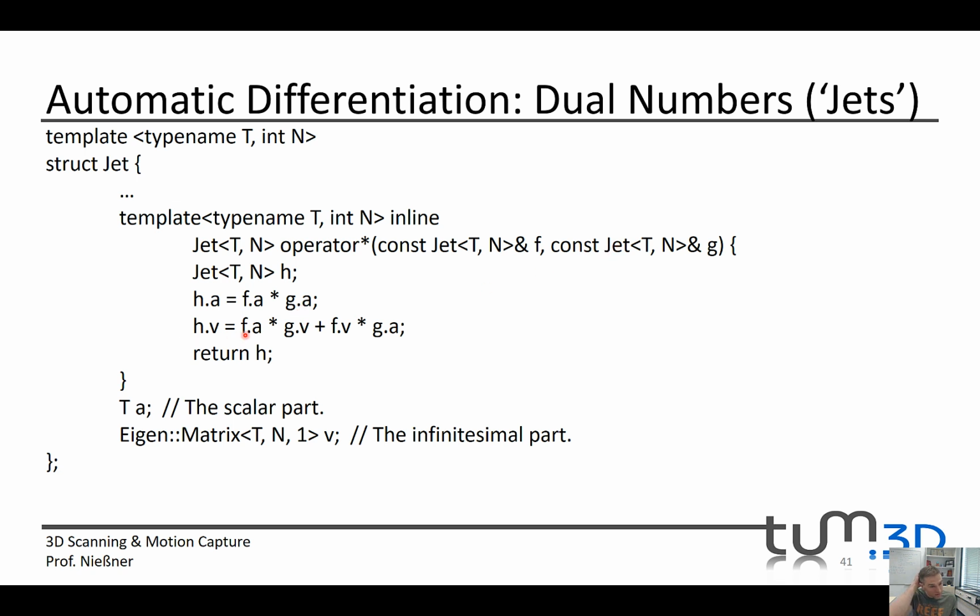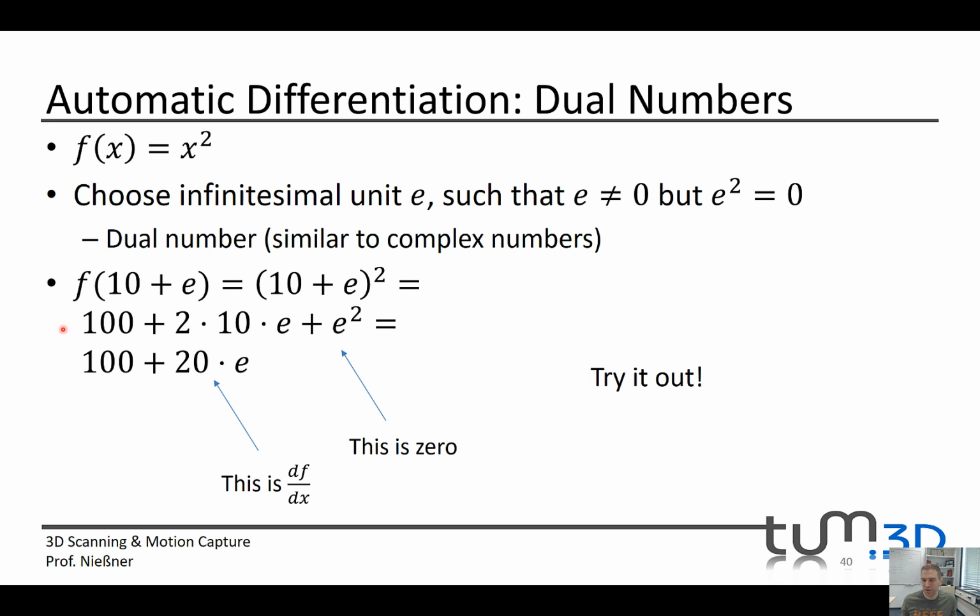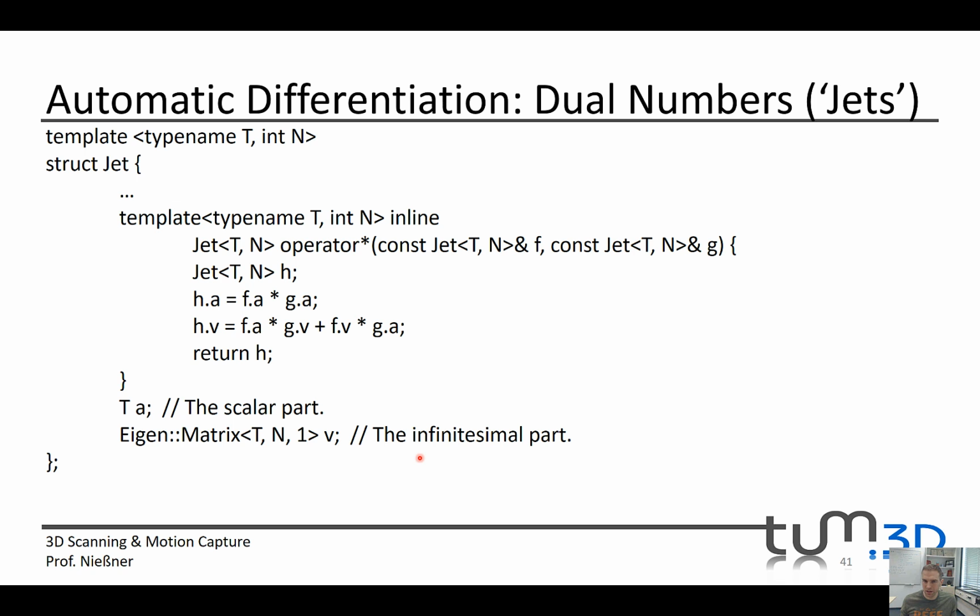For the infinitesimal part, you compute the respective derivatives: f.a times g.v plus f.v times g.a. And then you return it. You just overload this for all the operators respectively. This is for the multiplication operator, and then this kind of stuff is abstracted away through the dual numbers in these jets. This is kind of cool, because once you've done that, you have full auto differentiation. That's very nice.